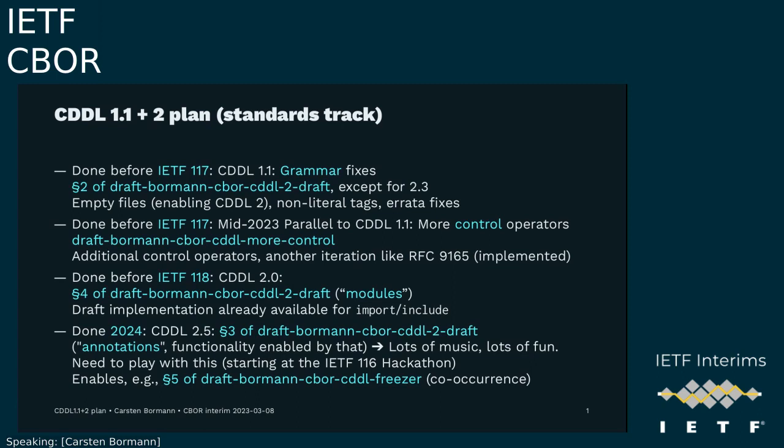For instance, the composability of maps was one of the items we discussed, and the fact that we have easy registration for things like tags, but then it's not always clear how this is further evolved. Yeah. So both are not in the current CDDL2 plan that I was going to present.